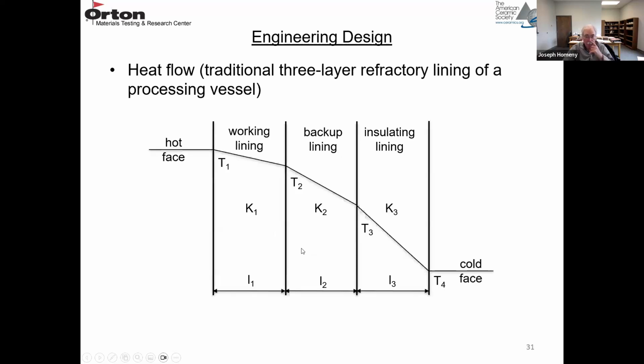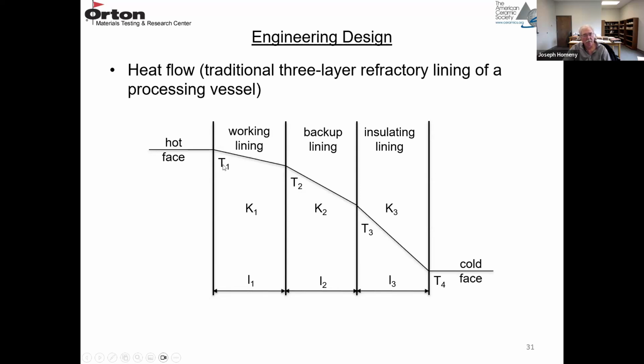So this is what it would look like. You have your working lining, your backup lining, and your insulation lining. So the working lining has thermal conductivity K1. The backup lining has a conductivity of K2, and then the insulation lining has a conductivity of K3. And each one has a corresponding lining thickness, L1, L2, or L3.